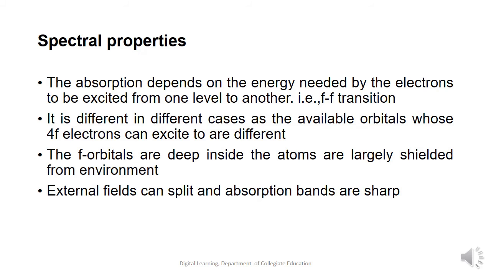This energy is different in different cases, as the available orbitals to which 4f electrons can be excited are different. The f orbitals are deep inside the atoms and largely shielded from the environment. Also, the external fields can split them and the absorption bands found are very sharp.